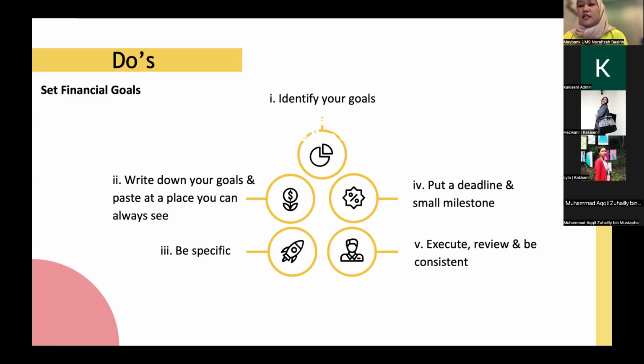For example, if you just say that I want to keep this amount of money, but you don't have a deadline, it would not rush you to complete your goals. And then make sure after you set your financial goals, you must execute, review, and always be consistent, because being consistent in reviewing your financial goals will actually help you come closer to your financial goals. Okay, next.